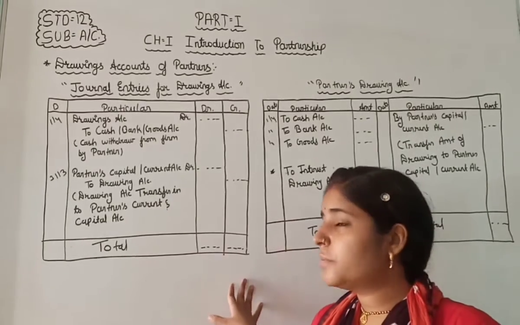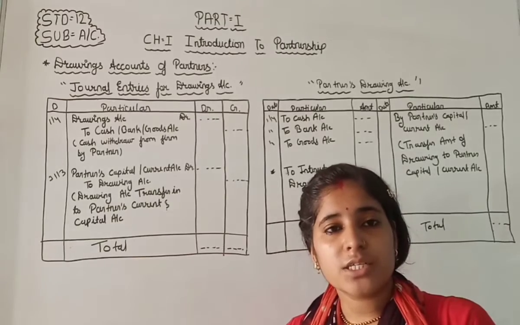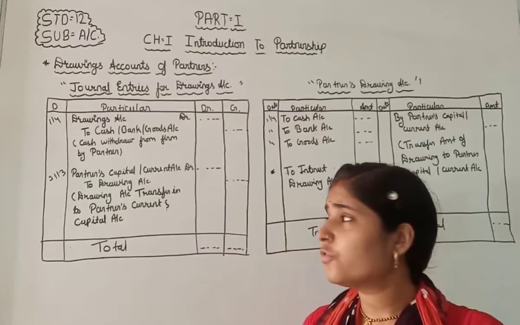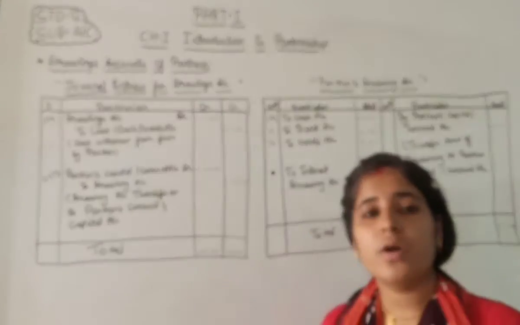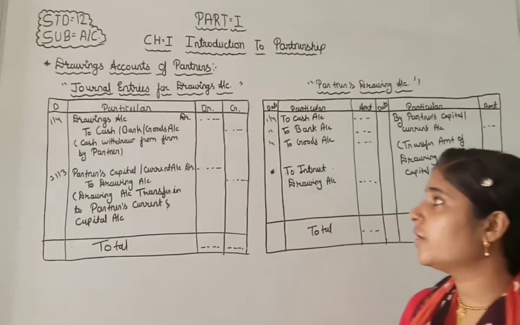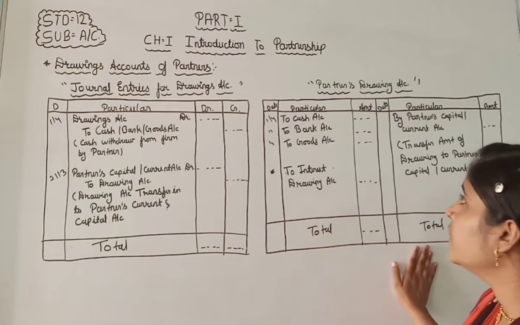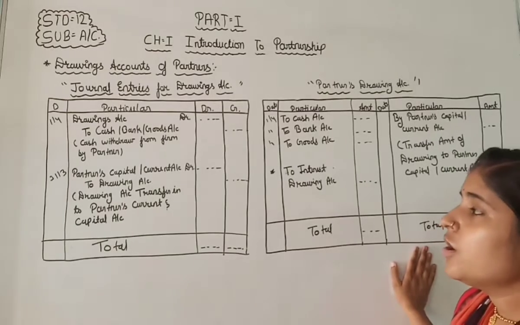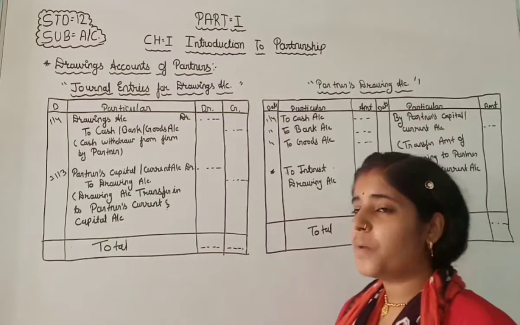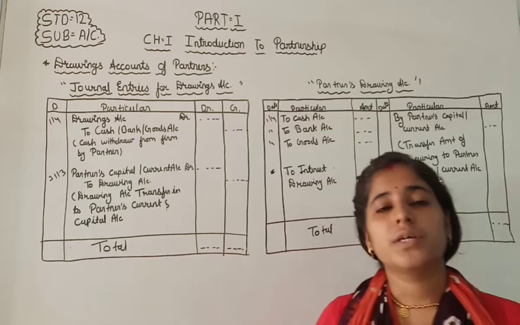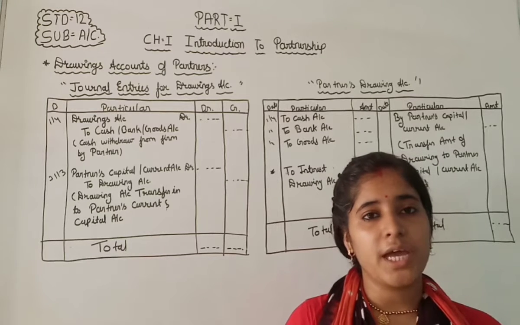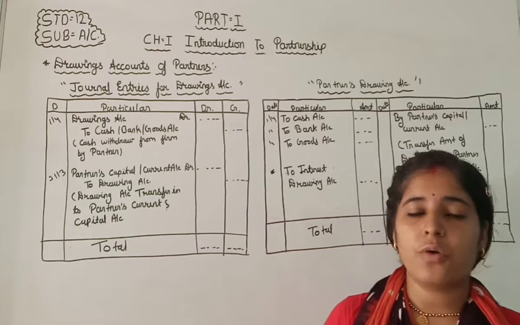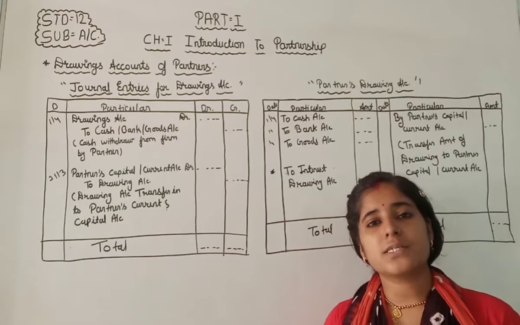Now, sometimes the question asks how to prepare the partners' drawing account. So first we understand the general entry of the partners' drawing account in the firm, and how to prepare it. Sometimes partners withdraw cash, capital, goods and assets from the business, from the firm, for their personal use.